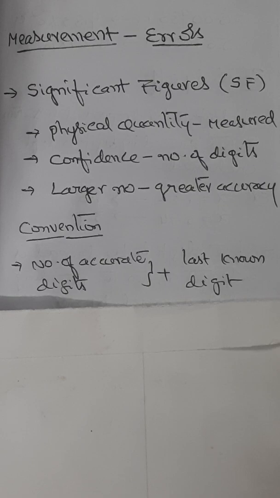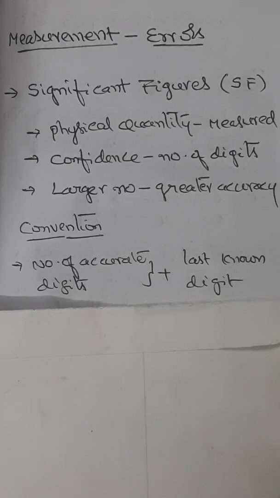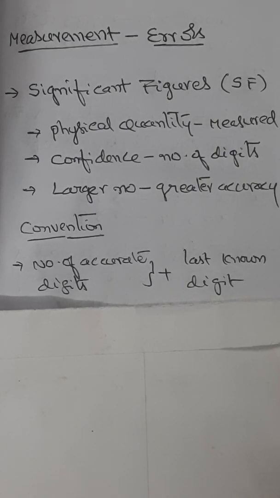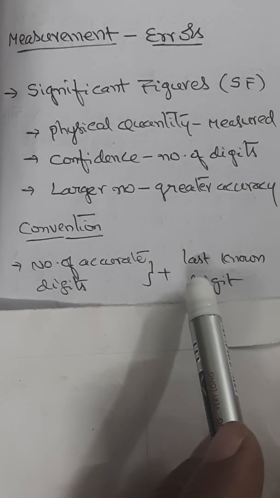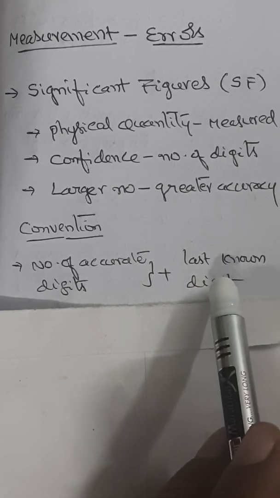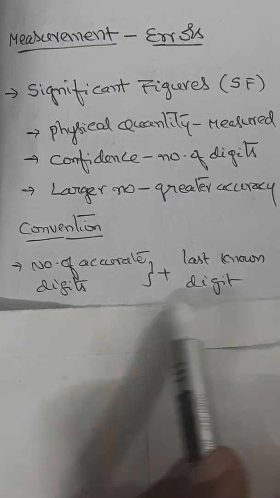Conventionally, when we talk about significant figures, the number of digits which are known accurately, plus the last one digit whose value is known only approximately, together form what is known as significant figures.